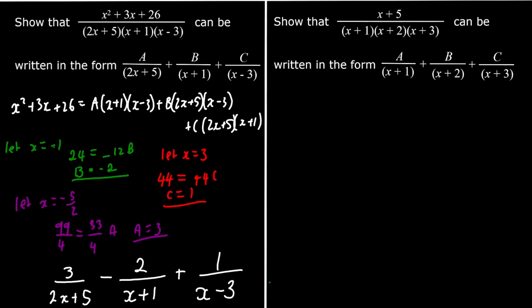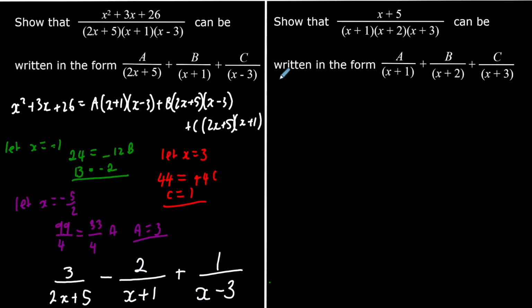One question for you to try. Pause the video, give it a go. So we're going to multiply. Imagine these two are equal to each other. So x plus 5 over x plus 1 times x plus 2 times x plus 3 equals a over x plus 1 plus b over x plus 2 plus c over x plus 3.